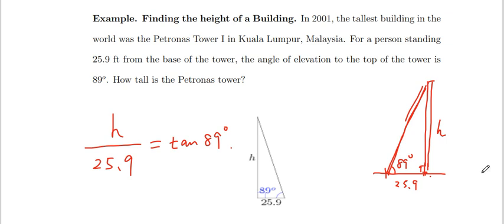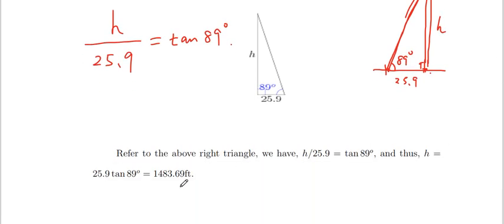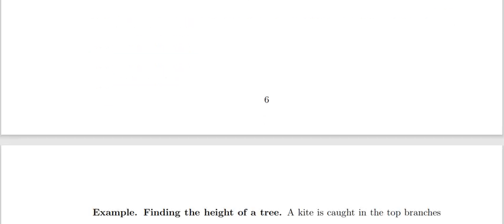So h equals tangent 89 multiplied by 25.9. So this building has a height of about 1,483 feet. Okay.